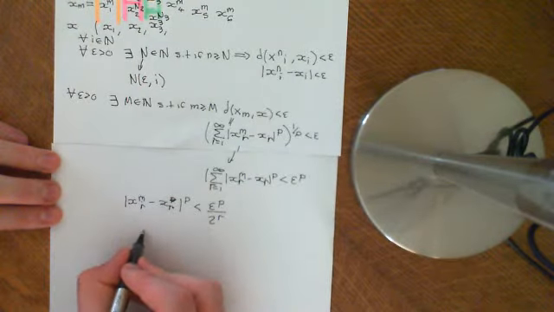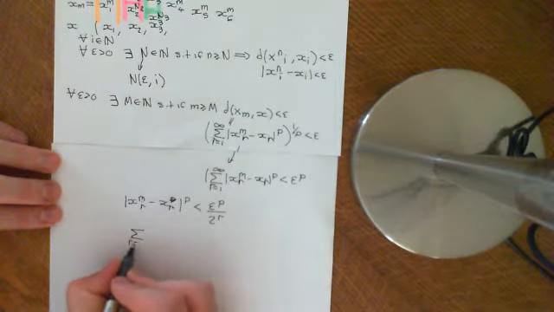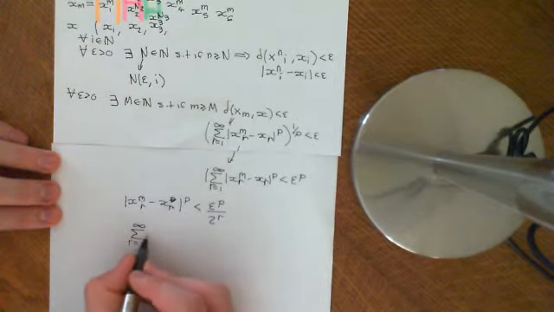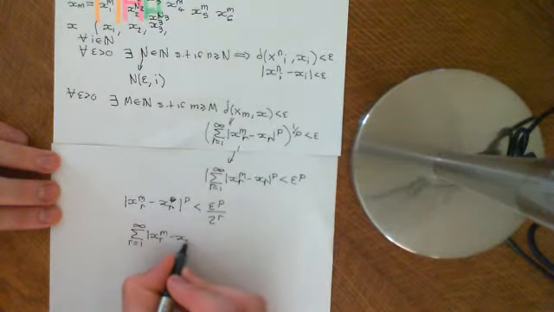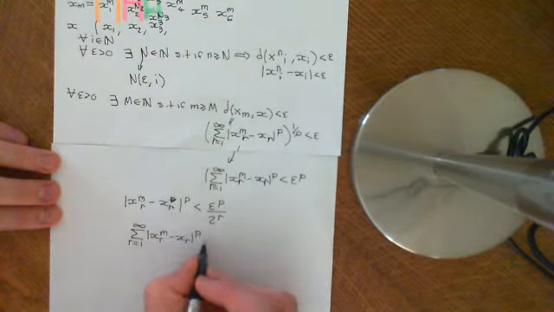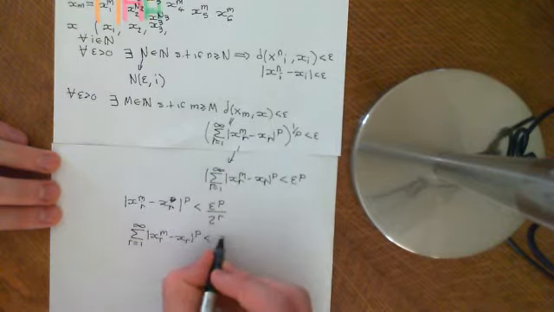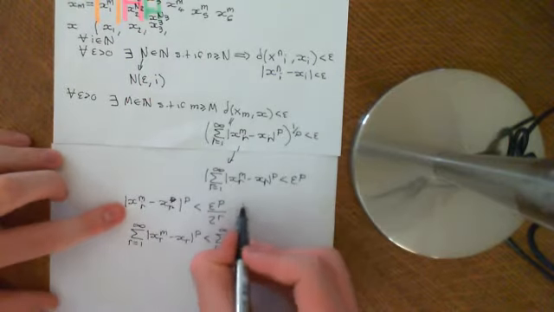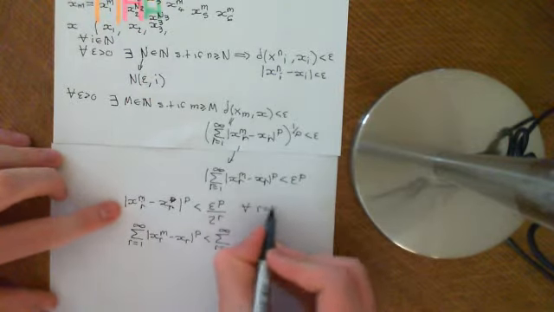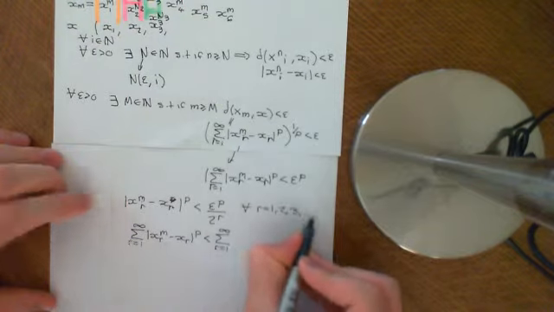Because if I wanted to sum this series up, the modulus of x_m,r minus x_r to the power of p, from r equals 1 to infinity, then that is going to be strictly less than the sum from r equals 1 to infinity. And again, I'm doing this for all r, so for r equals 1, 2, 3, etc.